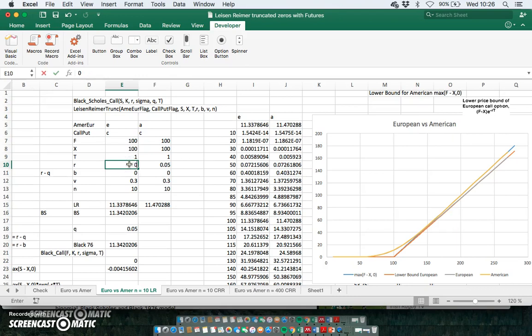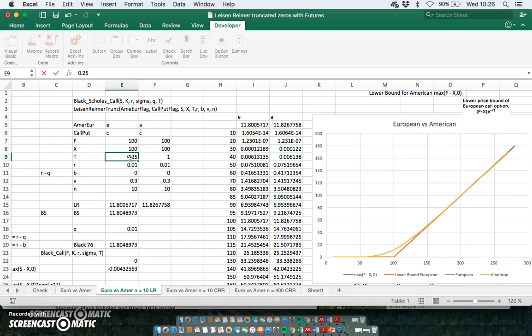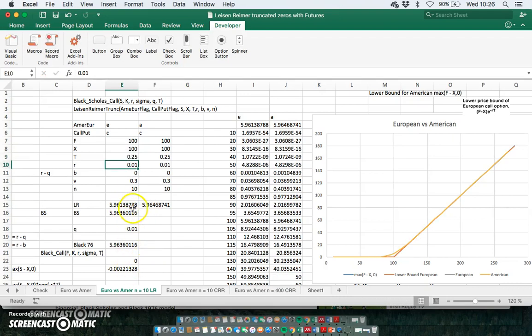We could lower the interest rate to 0.01, and you'll notice that again in a low interest environment at short maturities, the value between the two options won't be exactly equal, but the difference becomes smaller and smaller. So in circumstances where we reduce the interest rate and reduce the time period, the relative difference between the American and European options seems to decrease.